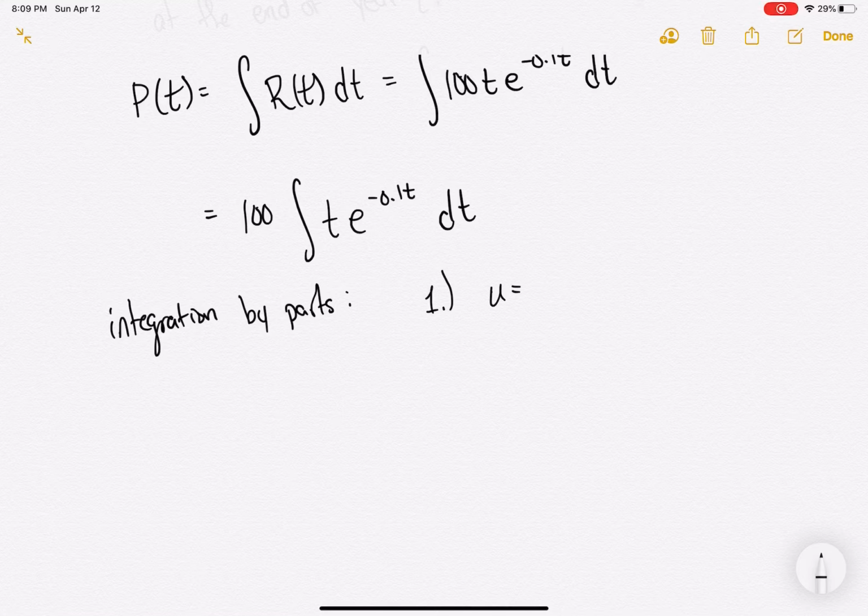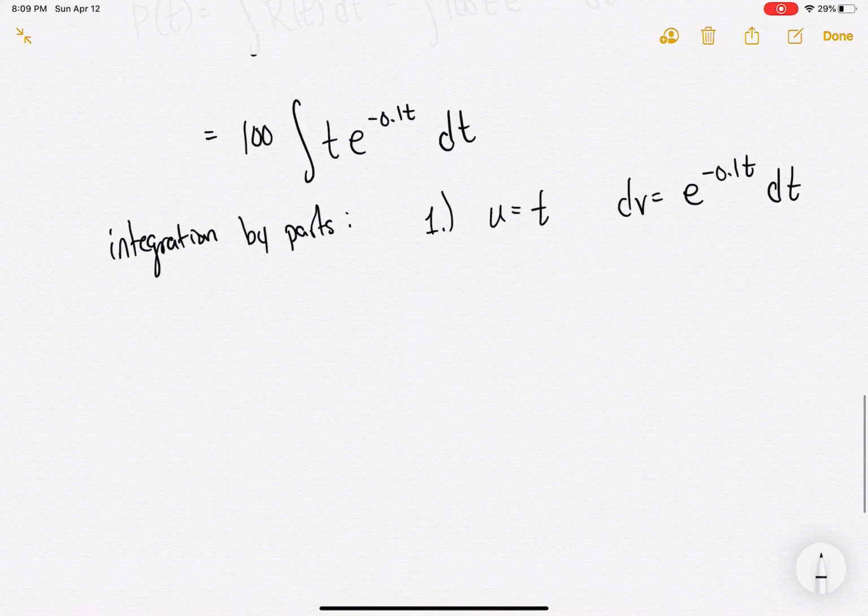It's either a natural log or it's a polynomial. It's not going to be e, so this is going to be t, which makes dv e to the negative 0.1 t dt, everything else inside the integral. Step 2, we find du, it's going to be dt, and we find v, which is the integral of dv.